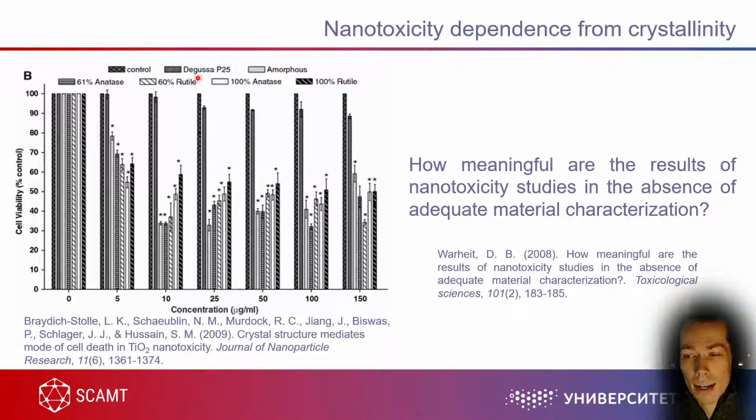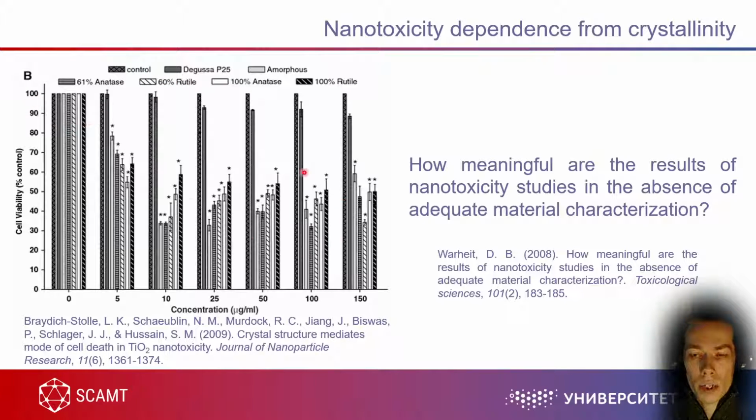And there's a very nice phrase from this article: how meaningful are the results of nanotoxicity studies in the absence of adequate material characterization. So when you're reading, for example, about titanium dioxide nanotoxicity or just toxicity, you will probably see very short phrases about what was the main phase of this titanium dioxide.